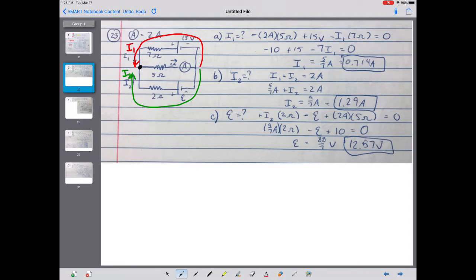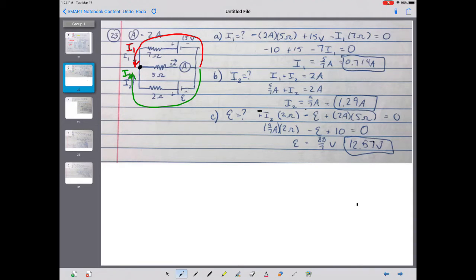C, the EMF of your unknown battery down there. Now you do have to set up a loop rule equation on the bottom loop. So I'm starting again at the black dot, and I'm going to go clockwise around that lower loop. So that would be I2 times 2 ohms, and going across the center, that should be a negative.